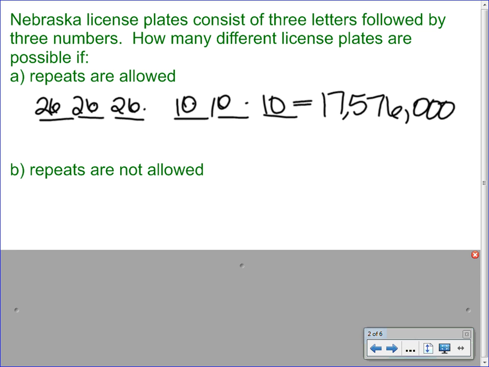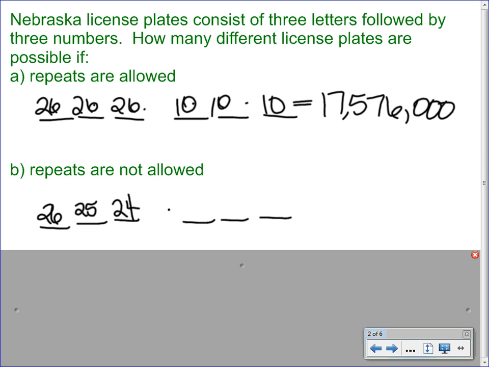Now, what if repeats were not allowed? We still have the 3 letters followed by the 3 numbers. But if repeats were not allowed, how many choices do we have for the first one? 26, 25, 24. If we cannot repeat, we've already used a letter, so for the second letter we only have 25 choices. Now we've used 2 letters, so now we have only 24 choices.